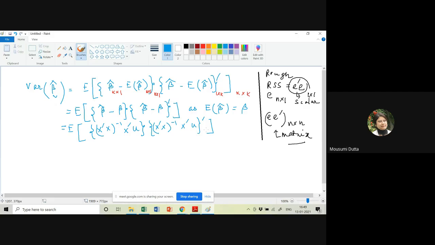Is it okay to everyone? Beta hat minus beta I am replacing by (x prime x) inverse x prime u.